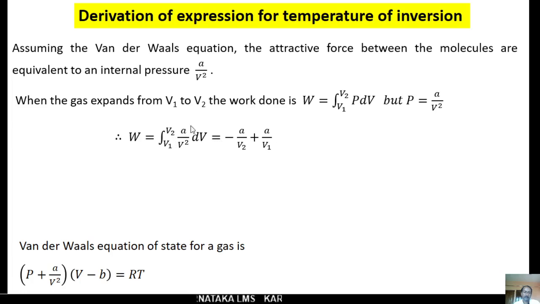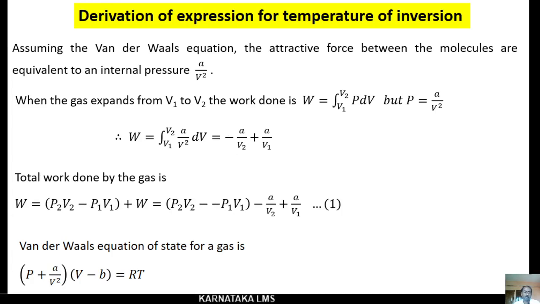After integrating 1 by V square with respect to dV and substituting the limits, we get this value. Hence the total work done by the gas is W equals P2 V2 minus P1 V1 plus W, where this W is the work done when the gas undergoes expansion between V1 and V2.